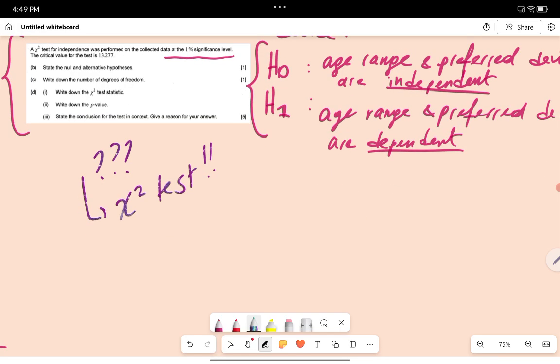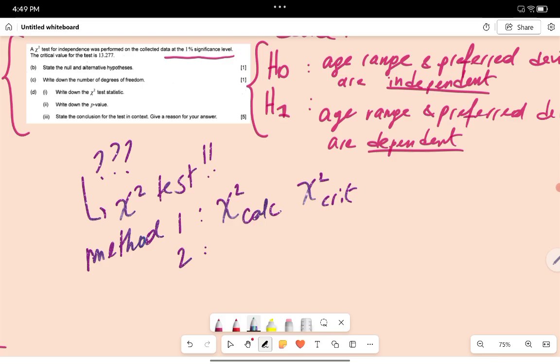So remember, we had two methods. Method 1 is to compare your chi-squared calculated with your chi-squared critical. And we're going to see which one is bigger. Or the other one is to say, let's have a look at this p-value that we can also get from the calculator.